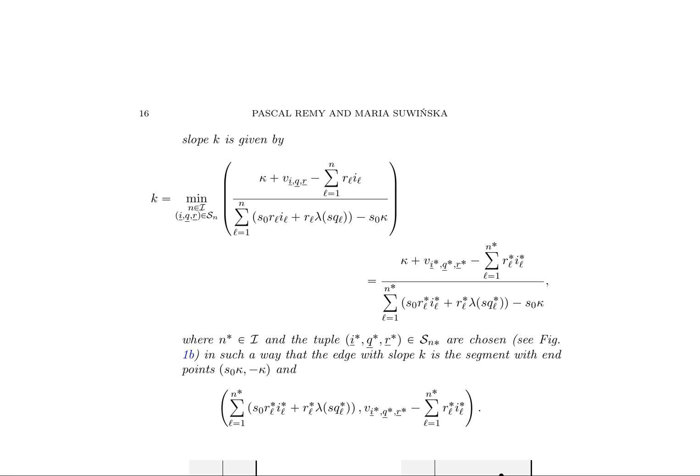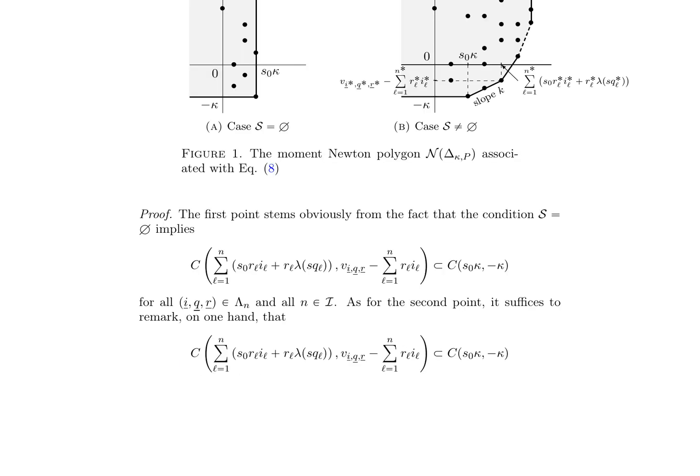The proof of the expression for k involves 2 points. Firstly, the condition S implies the inequality for all (π,q,r) in Λn and all n. Secondly, the corresponding equality holds for the chosen tuple, which is demonstrated in the figure.